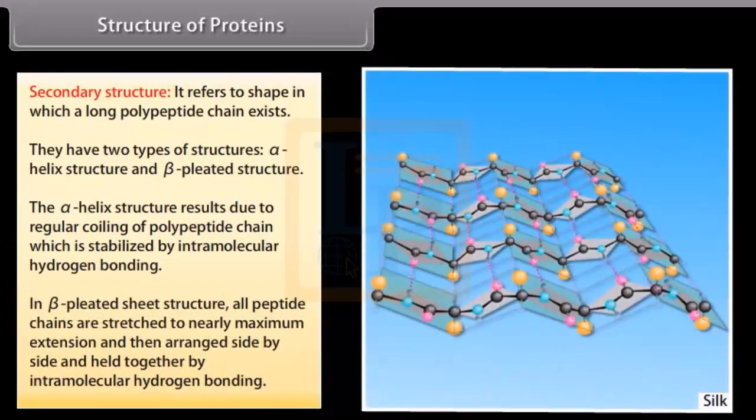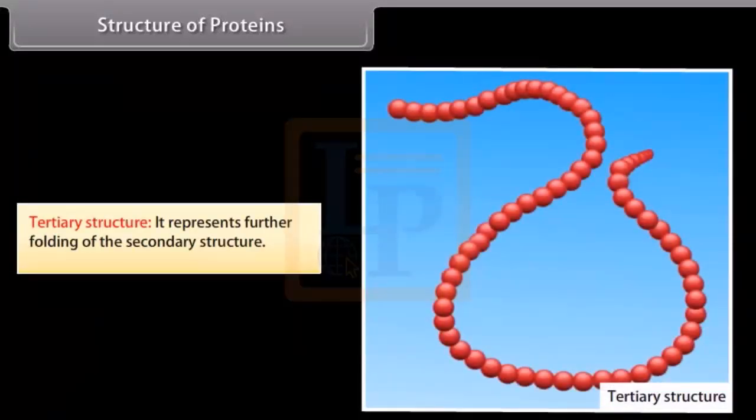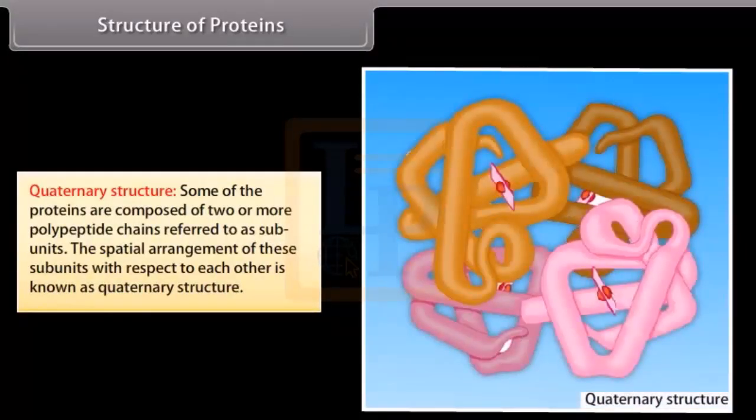In beta pleated sheet structure, all peptide chains are stretched to nearly maximum extension and then arranged side by side and held together by intramolecular hydrogen bonding. For example, silk. Tertiary structure. It represents further folding of the secondary structure. Quaternary structure. Some of the proteins are composed of two or more polypeptide chains, referred to as subunits. The spatial arrangement of these subunits with respect to each other is known as quaternary structure.